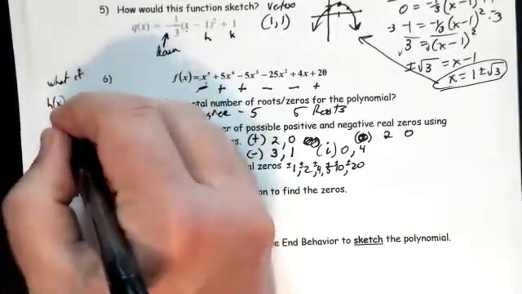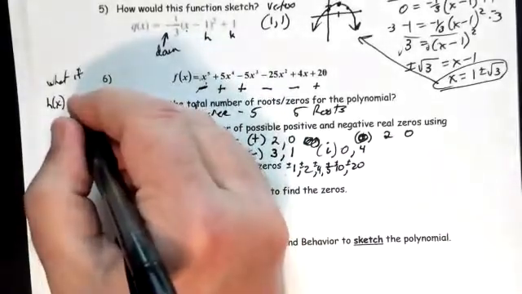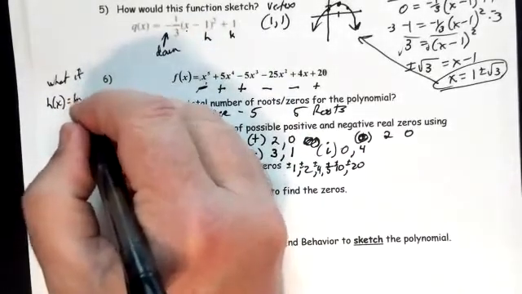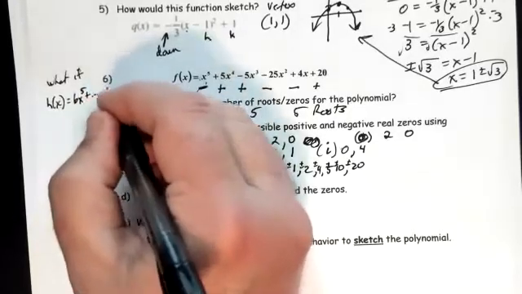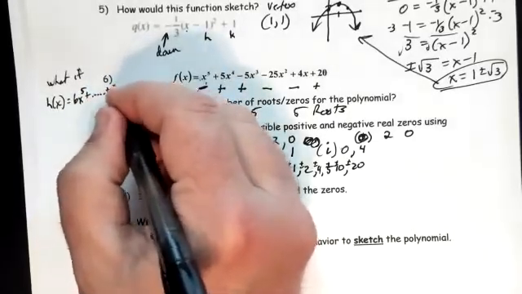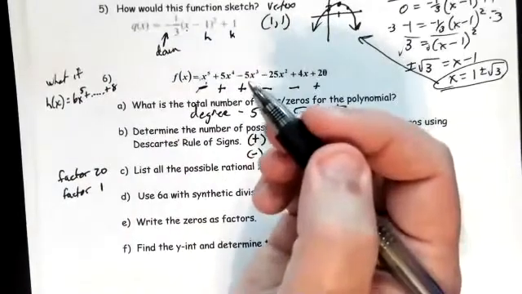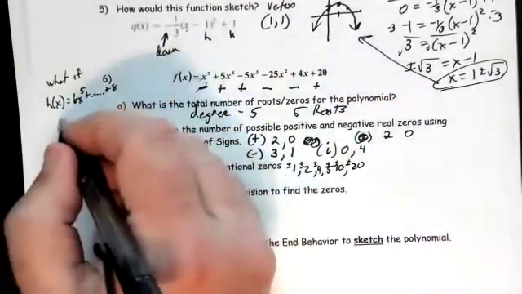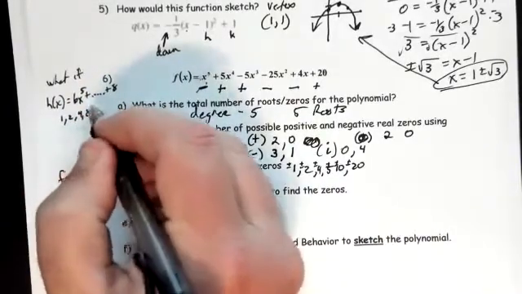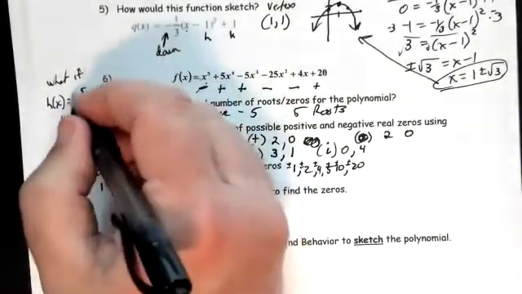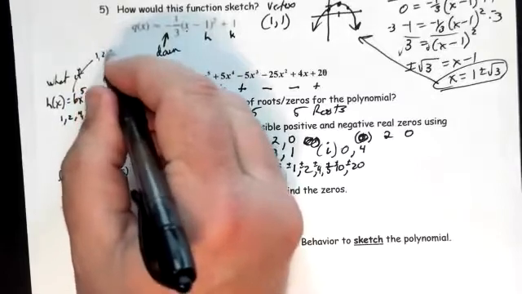Okay? So if you were given something like, let's just say, what if h of x was 6x to the 5th plus blah, blah, blah, plus 8. The possible factors would be the factors of 8: 1, 2, 4, and 8. And then I take the factors of 6: 1, 2, 3, and 6.